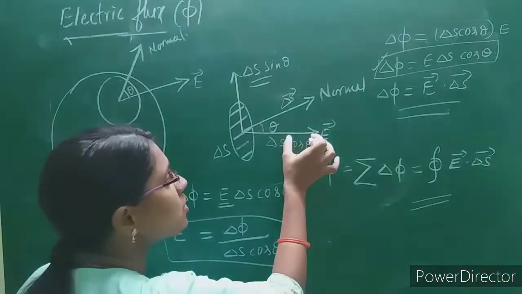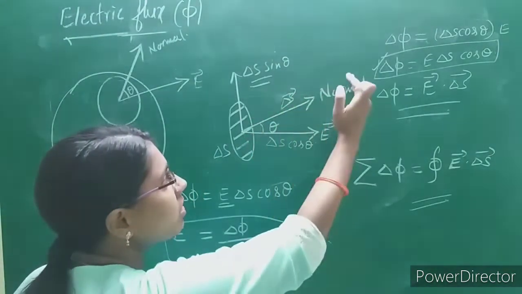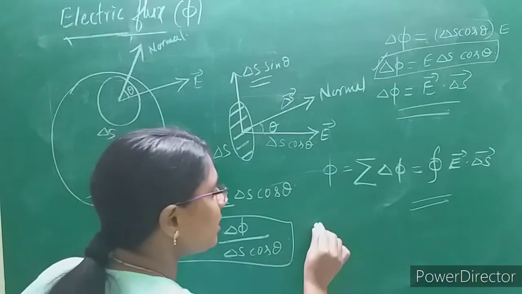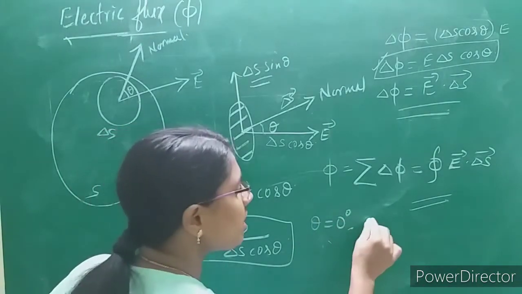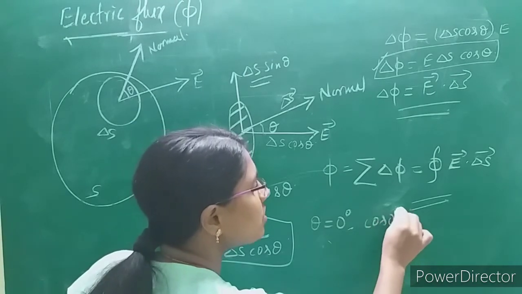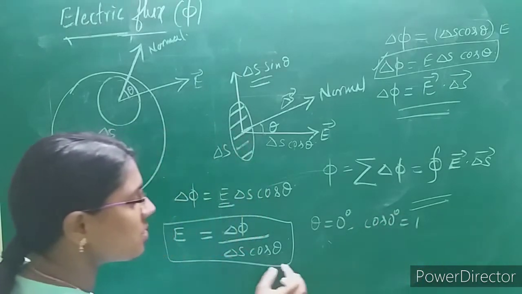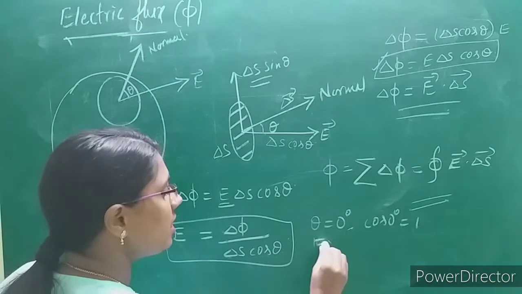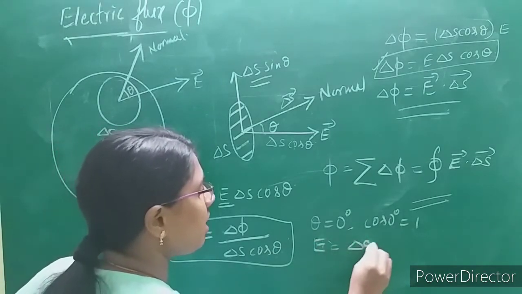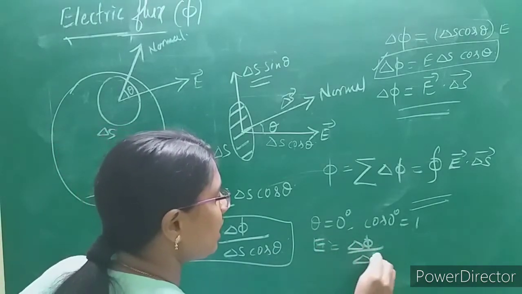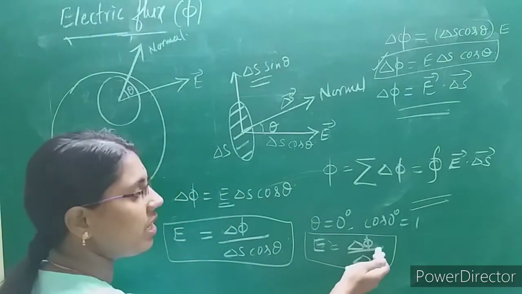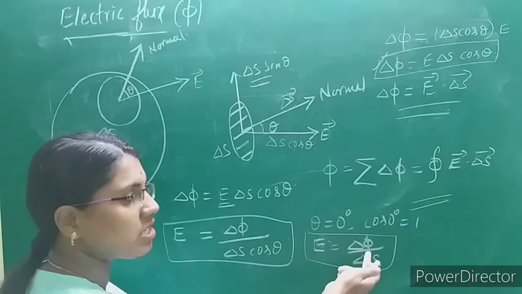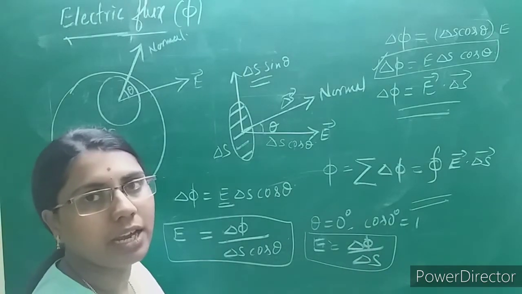If the electric field is along the normal, then theta becomes 0 degree. If theta is 0 degree, then cos 0 value is 1. So substituting this, we get E is equal to delta phi divided by delta S. That means electric field can be found by using the expression delta phi by delta S.